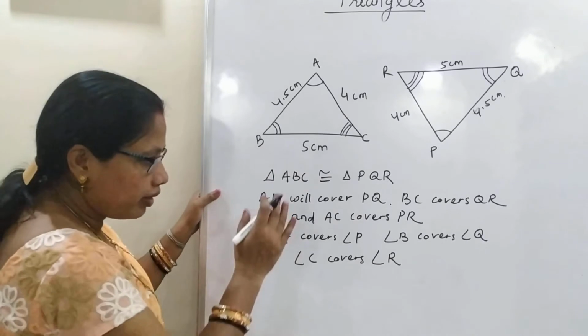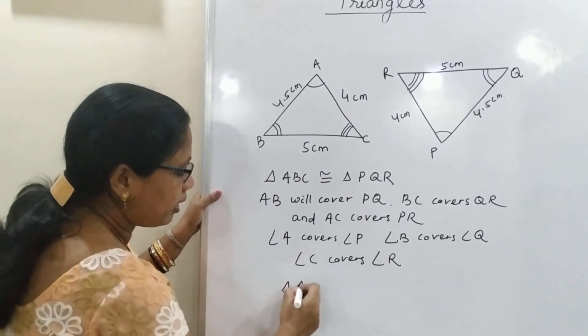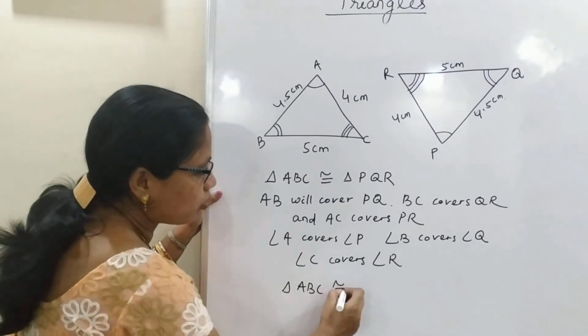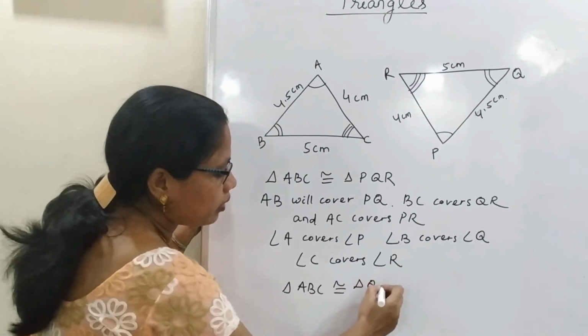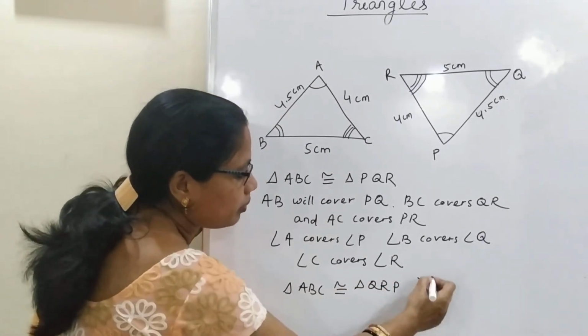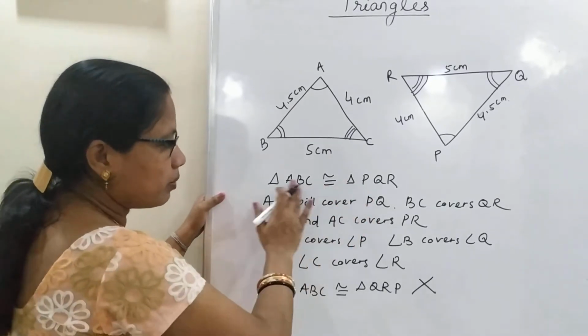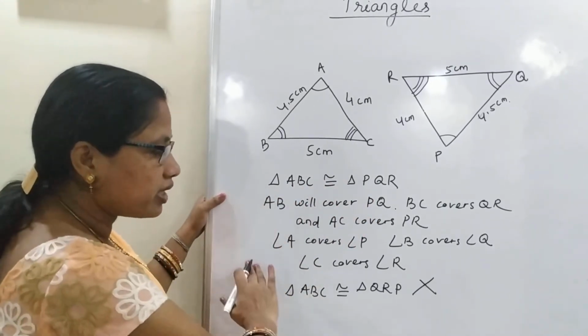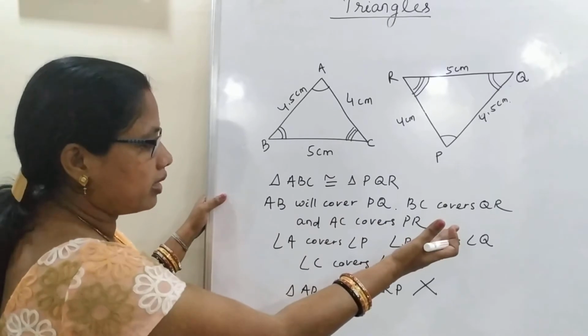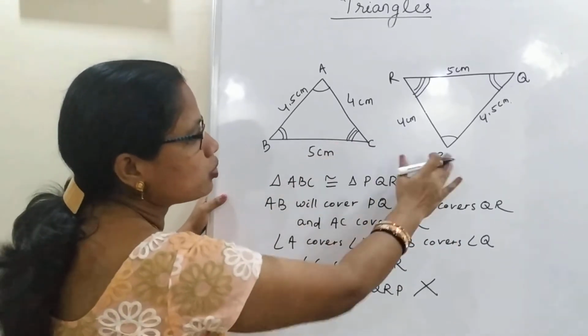So if we write triangle ABC is congruent to triangle QRP, it will be wrong, because there is a correspondence between the sides and the angles of these two triangles.